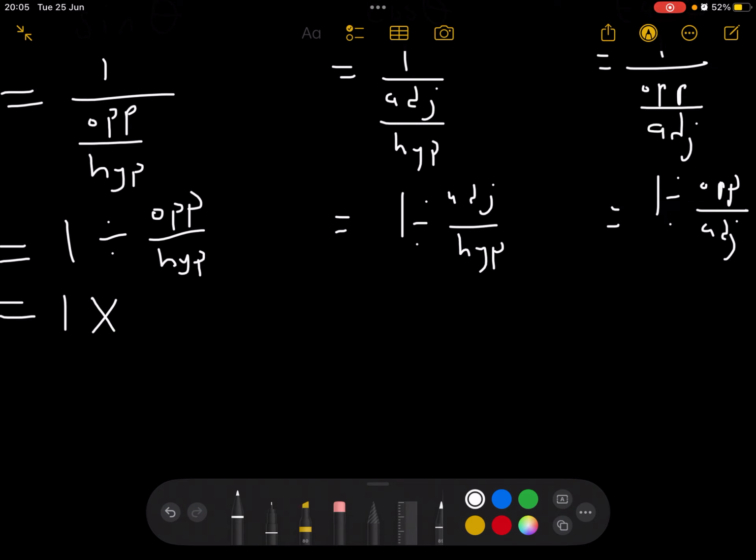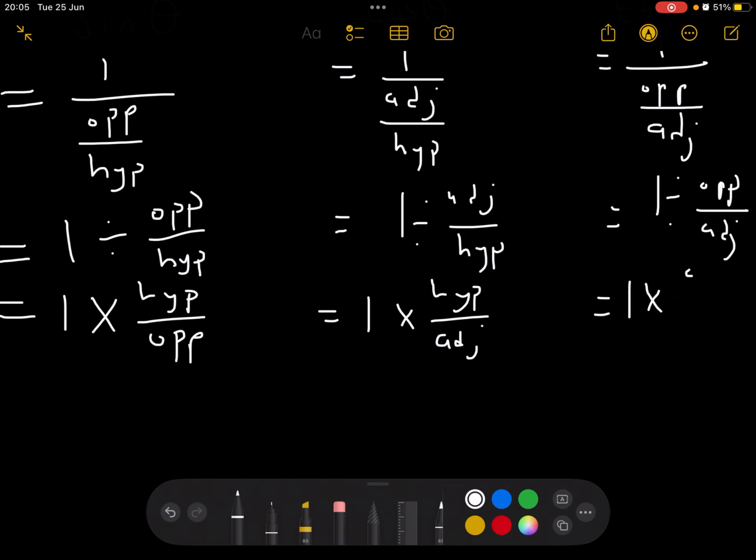Which basically means this is 1 times hypotenuse over opposite, 1 times hypotenuse over adjacent, and 1 times adjacent over opposite.